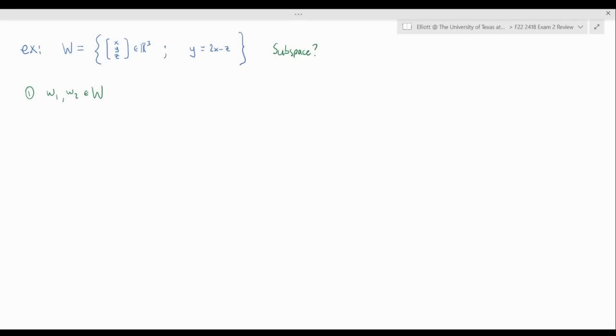So these are two vectors in our set. Since these are in the set, that means if W1 has coordinates x1, y1, we know that the y coordinate has to be twice the x coordinate minus the z coordinate. Let's say the z coordinate was z1.